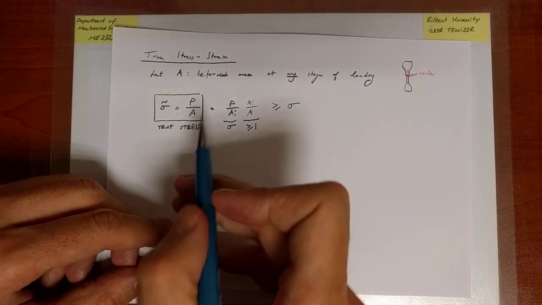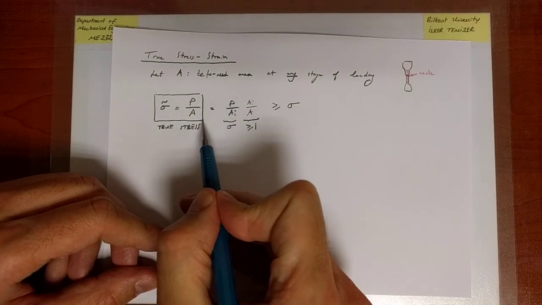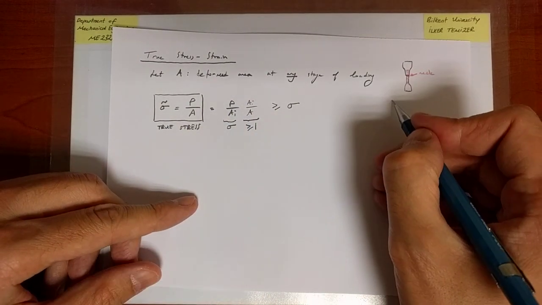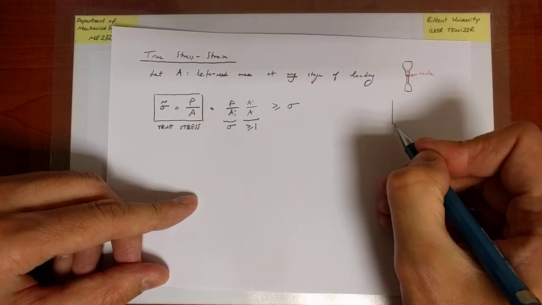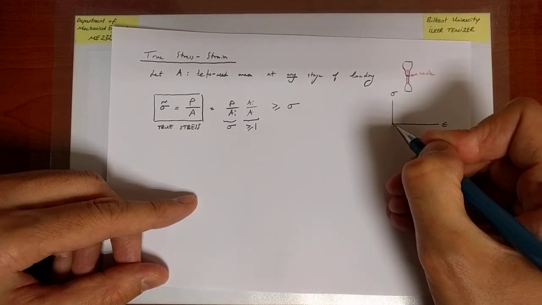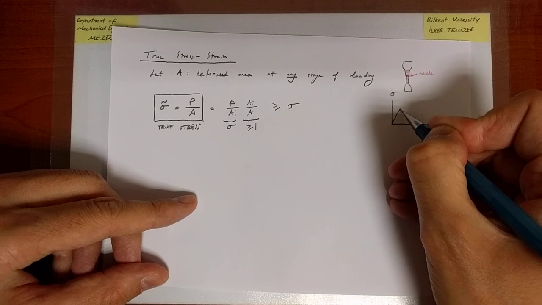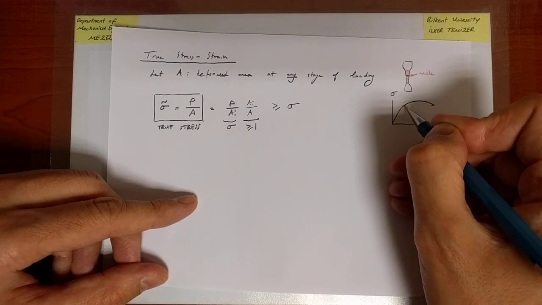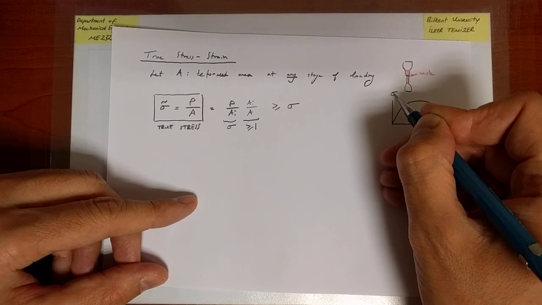Okay. Now, the way we've defined the true stress is valid all the way onto failure. What I mean by that is that if you have the engineering stress-strain curve, and let's draw the ideal one, at every point along this curve you know the value of sigma.